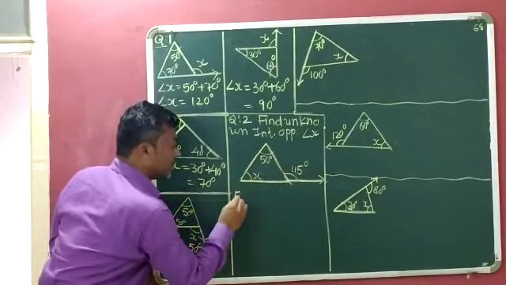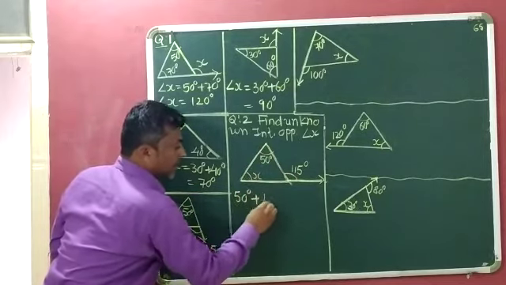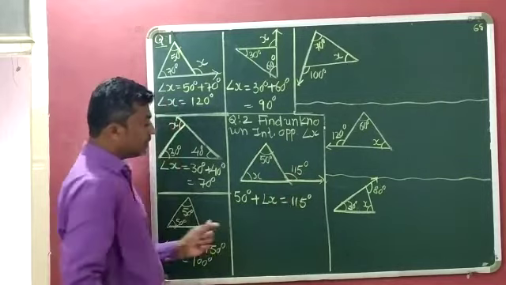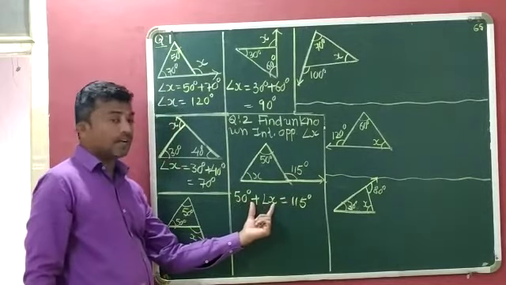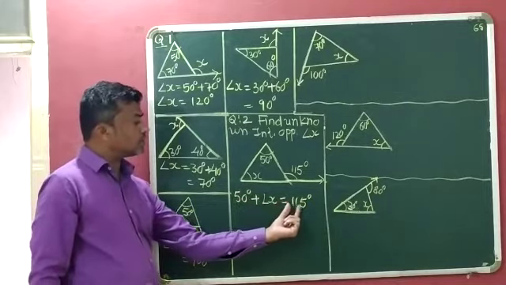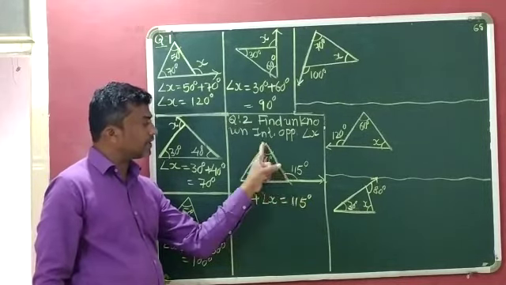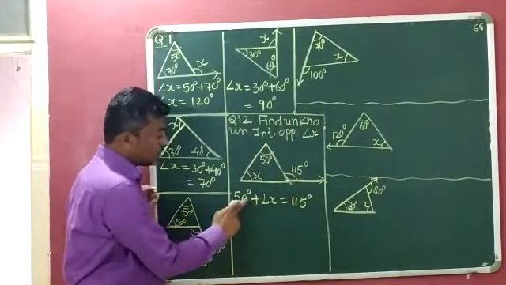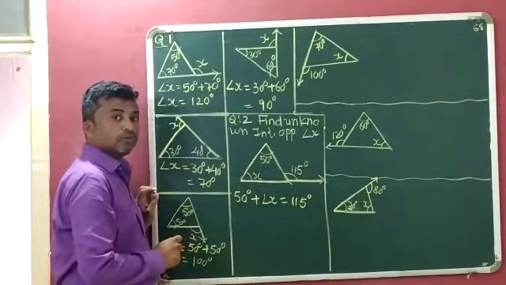Means 50 degree plus angle x is equal to 115 degree. We have to identify the value of x. So the 50 degree we have to shift to the other side.